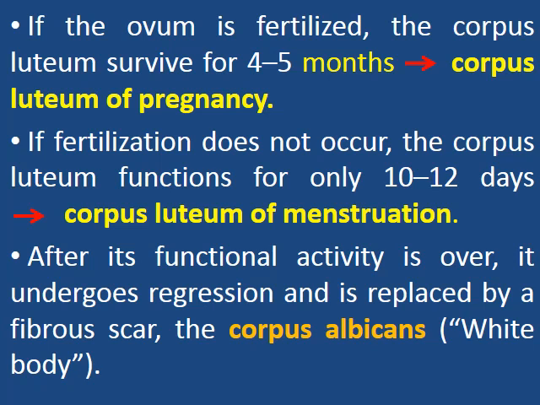If the ovum is fertilized, the corpus luteum survives for 4 to 5 months. Then this corpus luteum is called corpus luteum of pregnancy. Otherwise, if fertilization does not occur, then the corpus luteum functions for only 10 to 12 days, and this corpus luteum is called corpus luteum of menstruation. After its functional activity is over, the corpus luteum undergoes regression and is replaced by a fibrous scar called the corpus albicans.